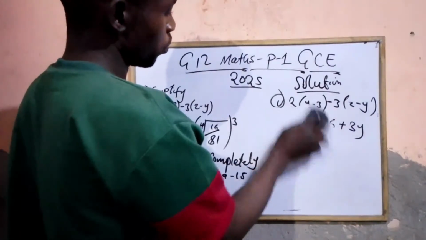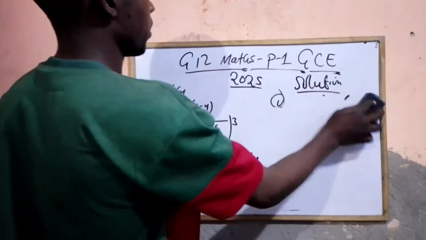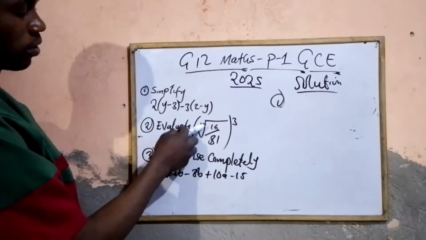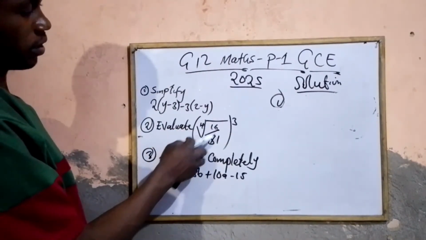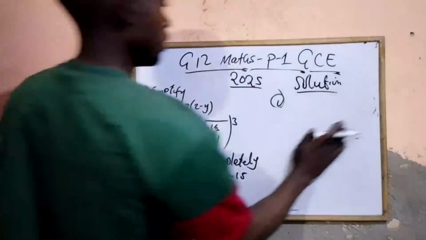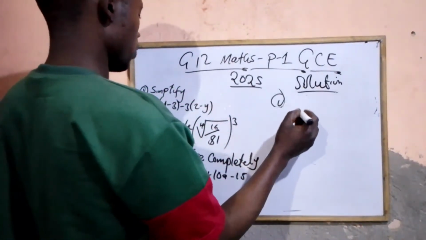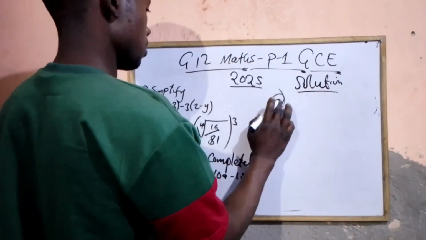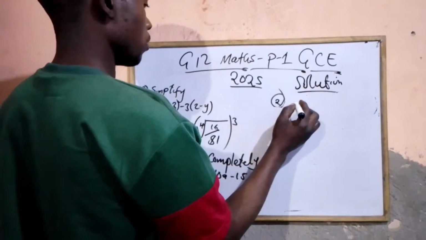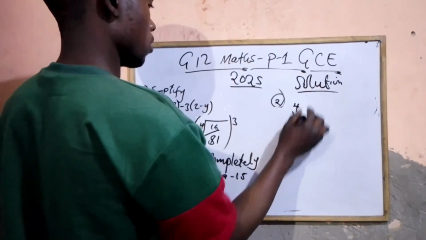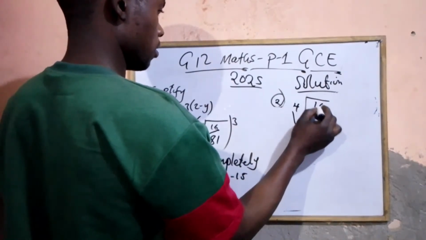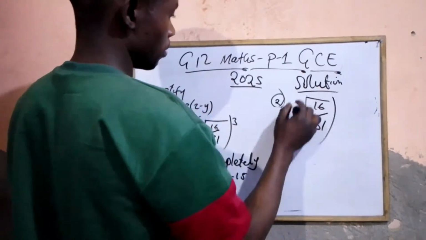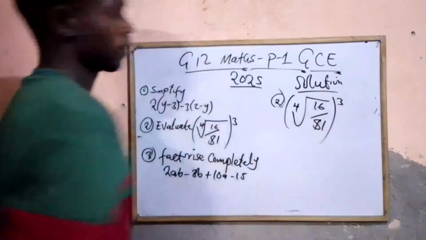We are told to evaluate. Question 2, we are told to evaluate the fourth root of 16 over 81, close bracket, to the power 3.